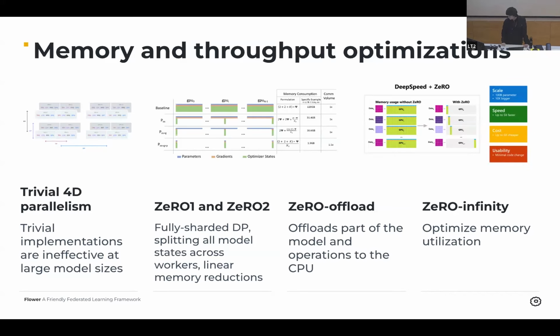Then they advanced upon this with ZeRO-Offload, which is taking parts of this pipeline which are not very critical in terms of throughput and moving them to normal RAM and the CPU, thus freeing up more space for everything else. And finally, ZeRO-Infinity, which is specifically optimizing the exact layout in memory of everything. Without this sequence of papers, it would have been impossible to train the models that we have today.